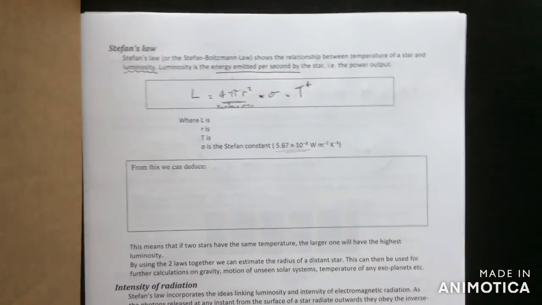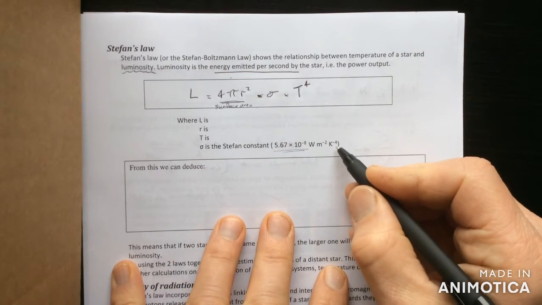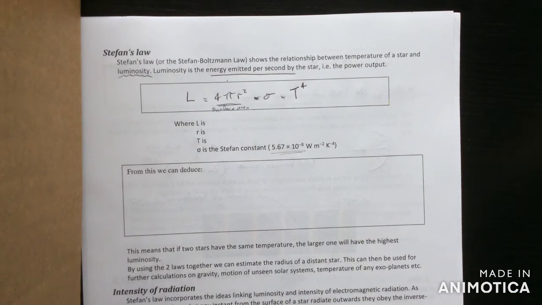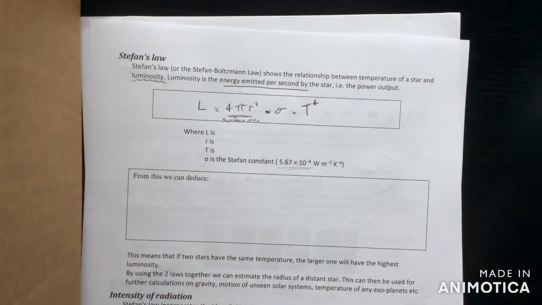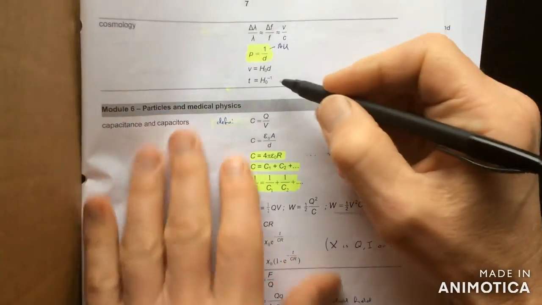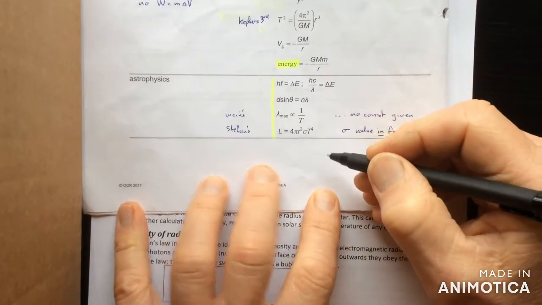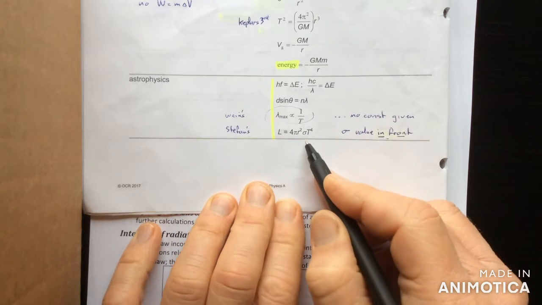It's given to you, watts per metre squared per Kelvin to the minus 4. So if you're ever asked for the equation, you can work it around. Let's have a look on our data sheet. Sorry, I'm looking at cosmology; in the astrophysics section you've got that thing, the Wien's and the Stefan's law.